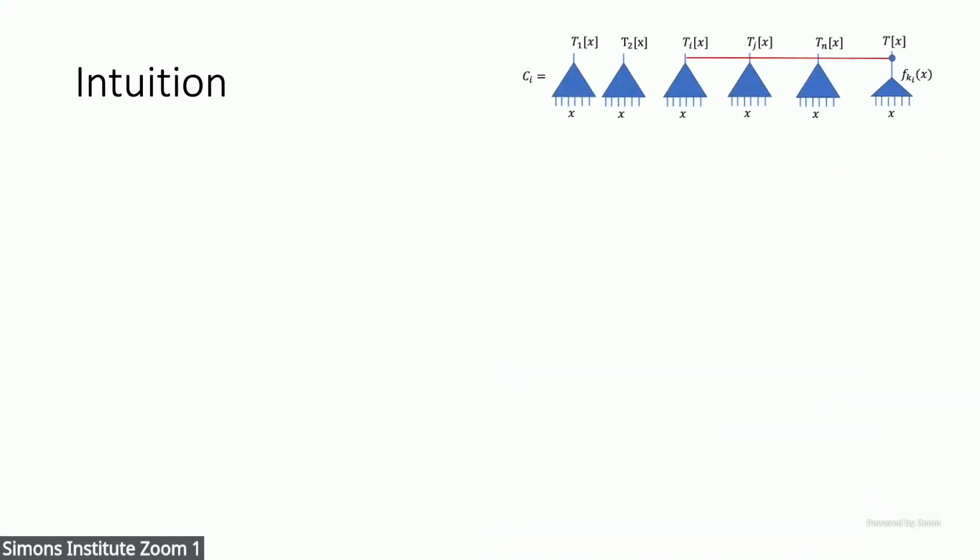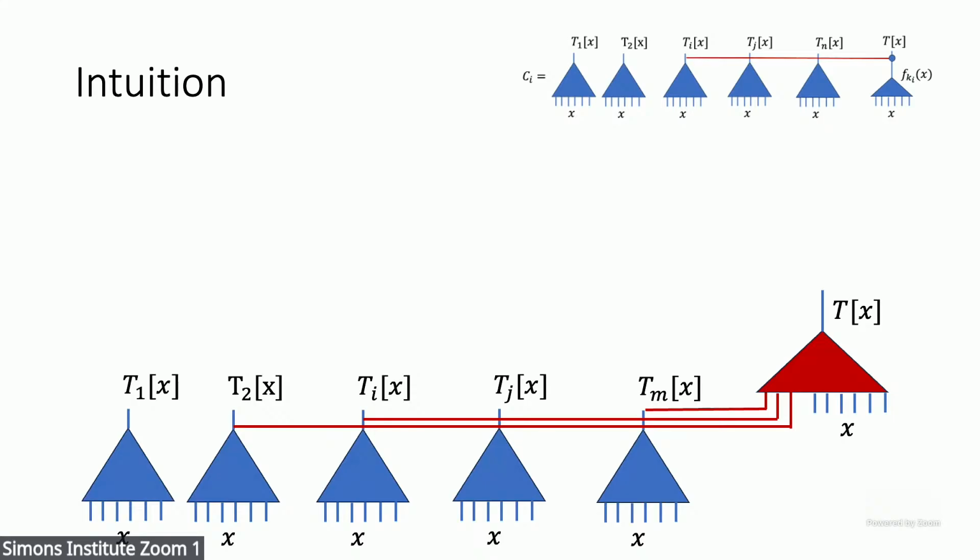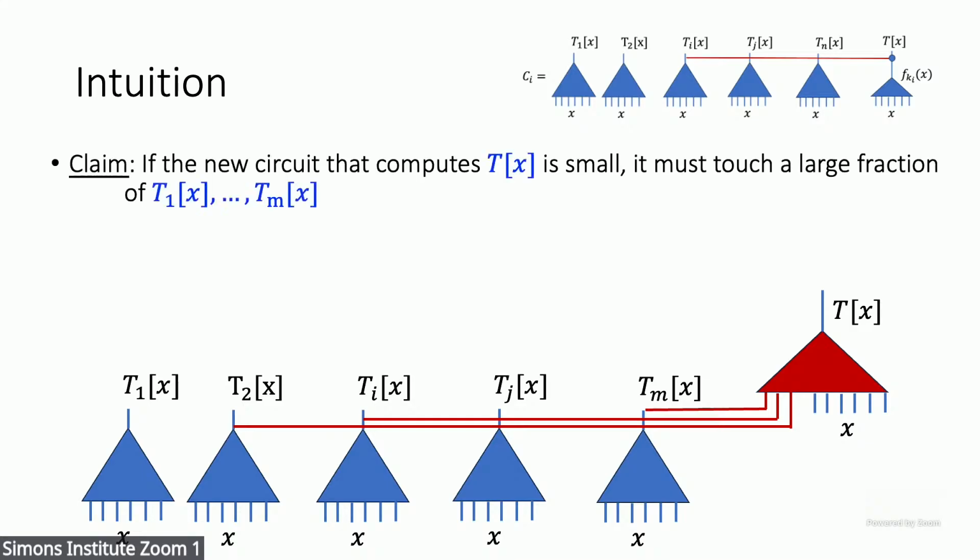And now, the obfuscation outputs something that looks like this. I'm going to assume that the size of the circuit that computes this T of x is not too large, because if it's too large, then the overhead of the obfuscation is large. So I'm going to assume that this is small.